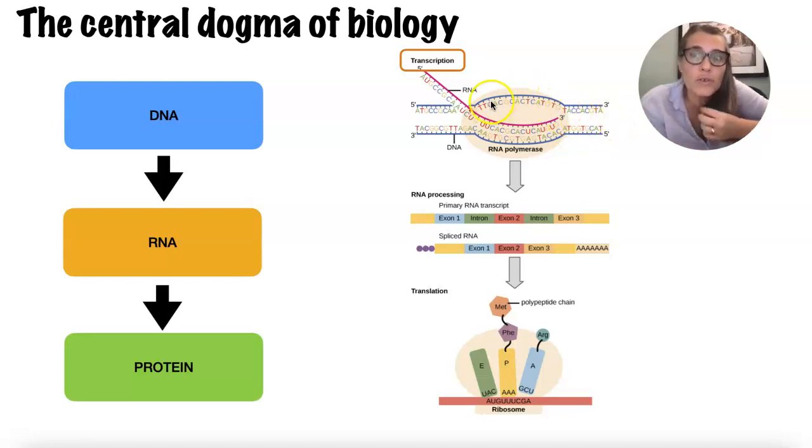So when you do transcription, you are targeting a specific gene on your DNA. And what that means is that you are going to transcribe that specific gene onto your RNA. So now you make RNA that is carrying that information, right? It's carrying it on its new strand. And that RNA is going to be processed if we are talking about eukaryotes.